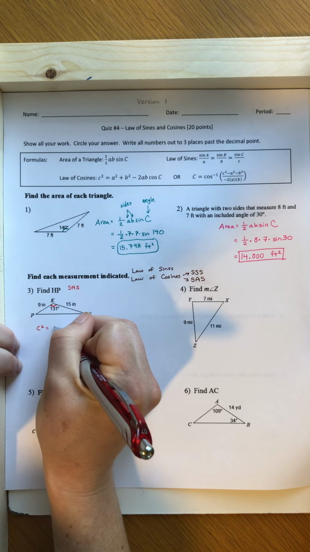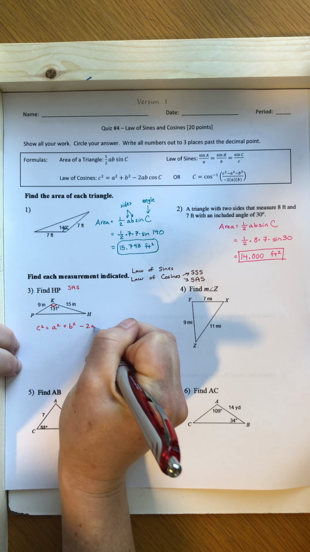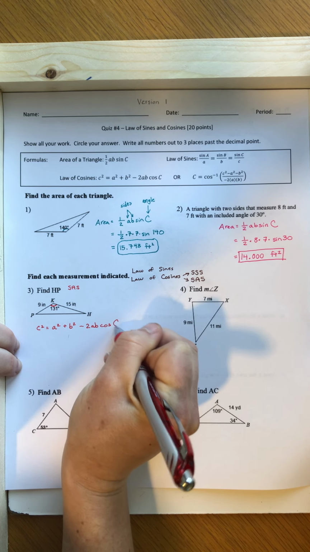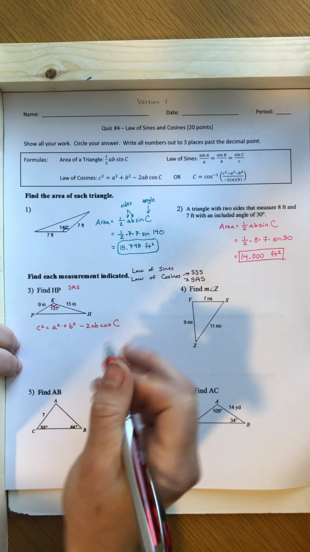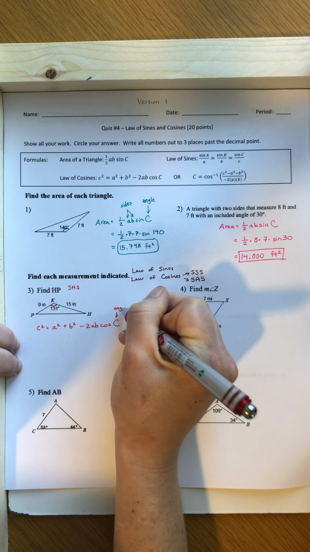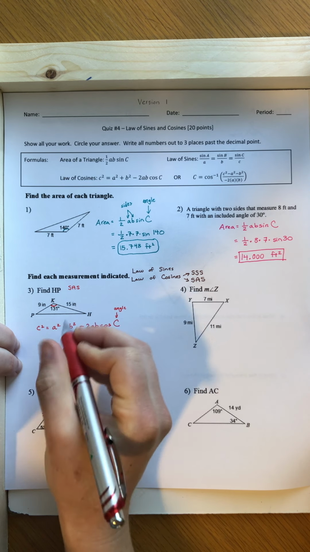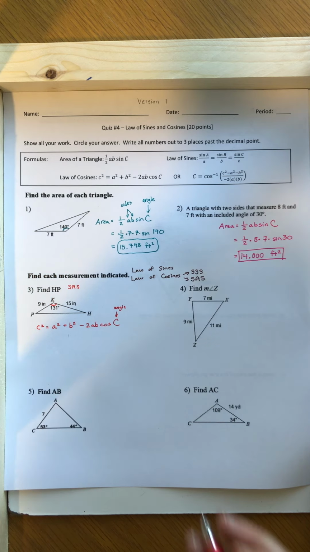C squared equals A squared plus B squared minus 2AB cosine of big C. And we're just going to fill everything in. Remember that big C is the angle, and A and B are the sides on either side of the angle.